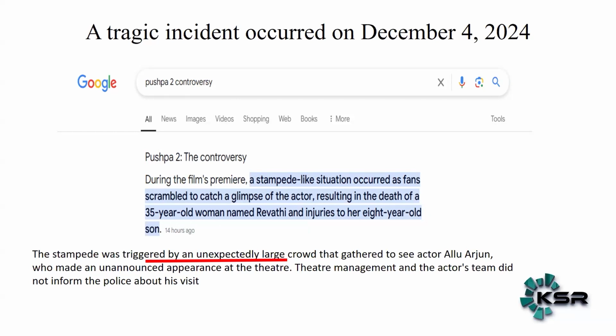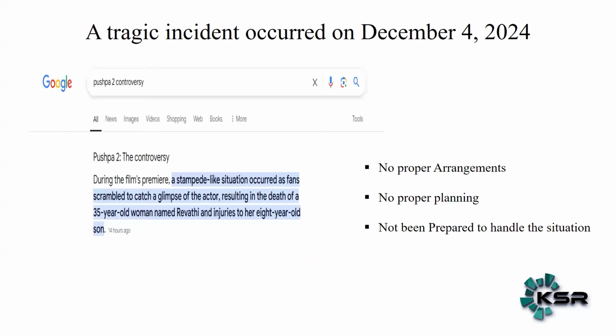In a place where 1,000 people were not being managed properly, we had a death. The main reason was no proper arrangements, no proper planning, and this had not been handled previously. They were not prepared to handle the situation.